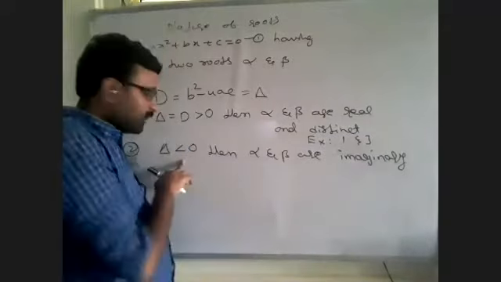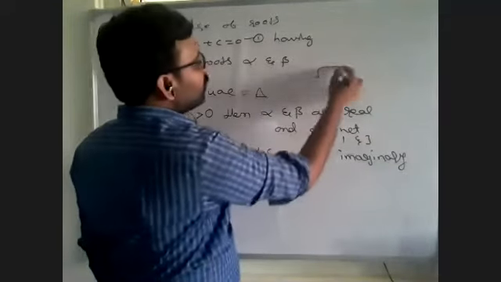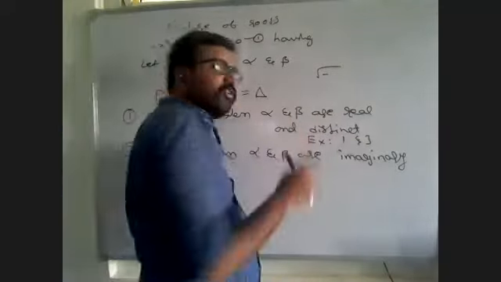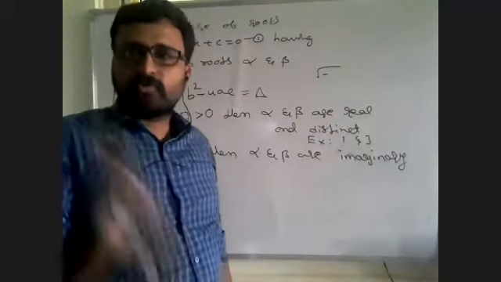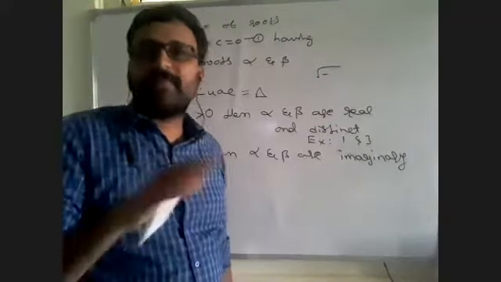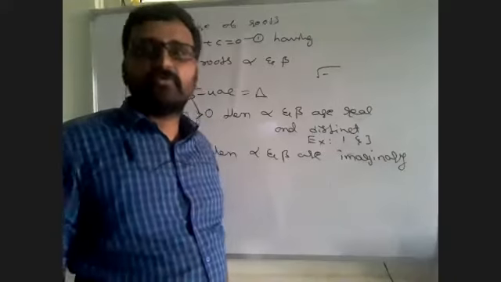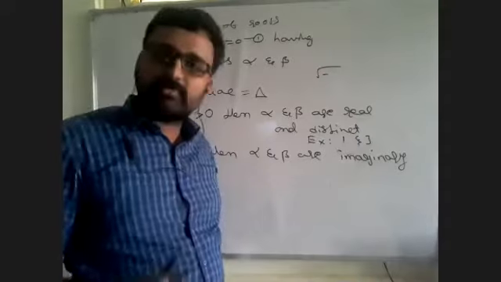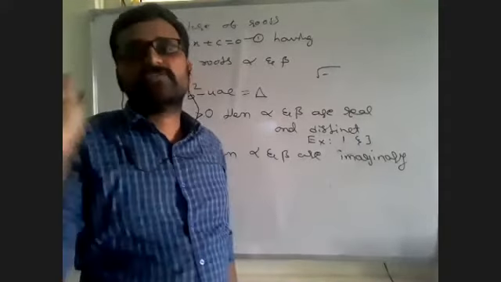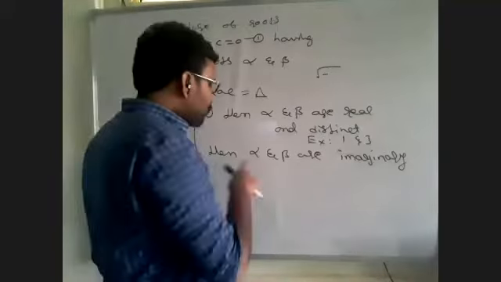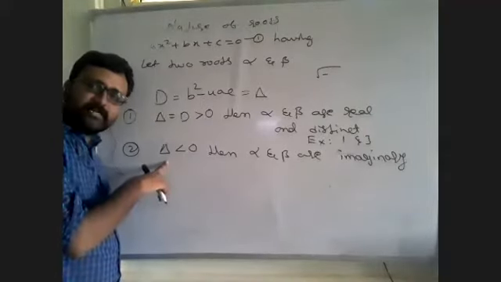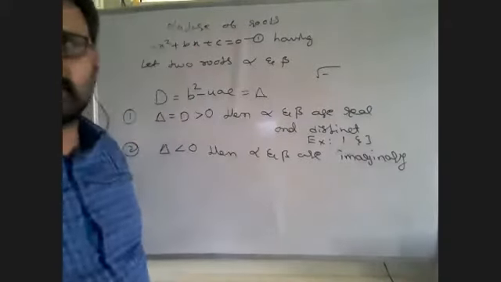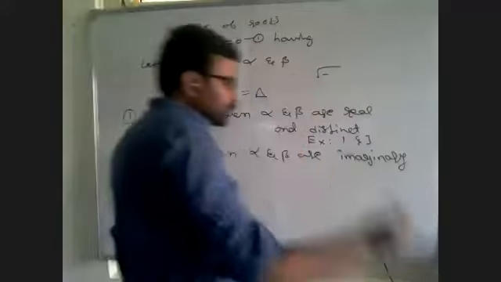Because if delta is negative, you get a square root of a negative number in the formula, root over b square minus 4ac. Root over negative is always imaginary and not real. Root over positive is only a real number.